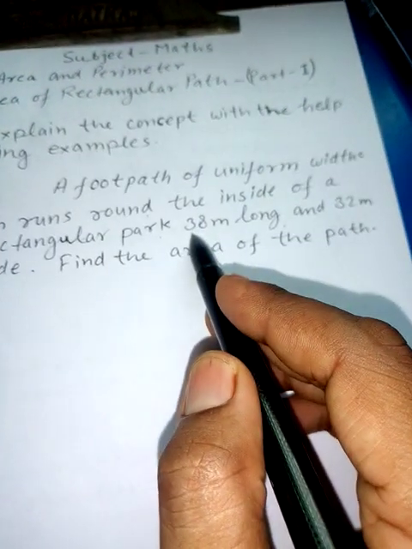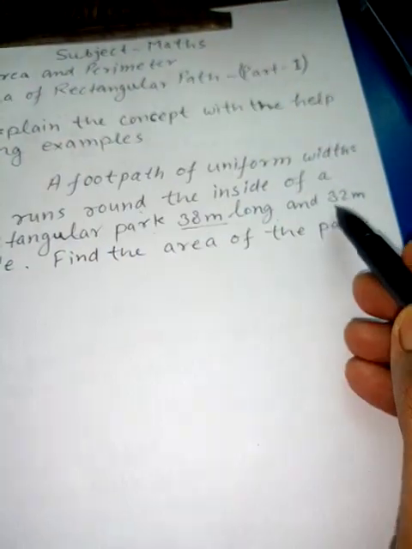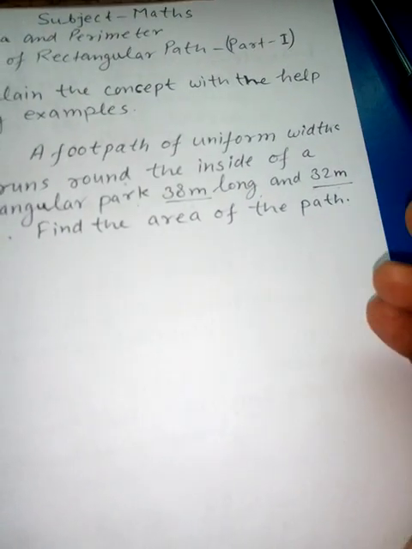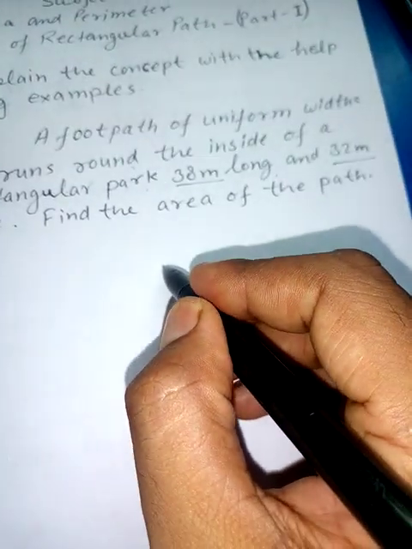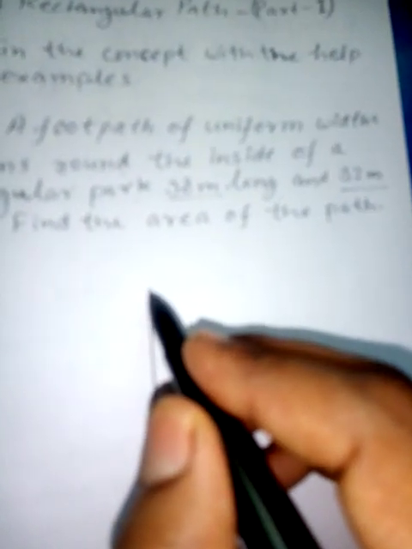It is given the length of the rectangular park is 38 meter and breadth is 32 meter. So I am drawing here a rectangle.